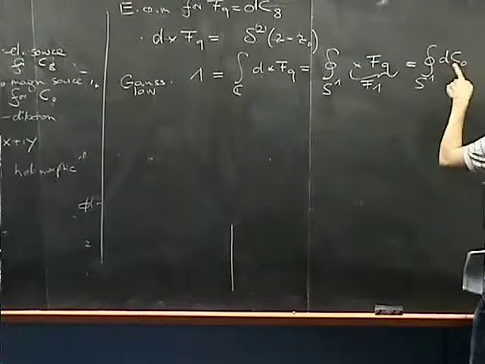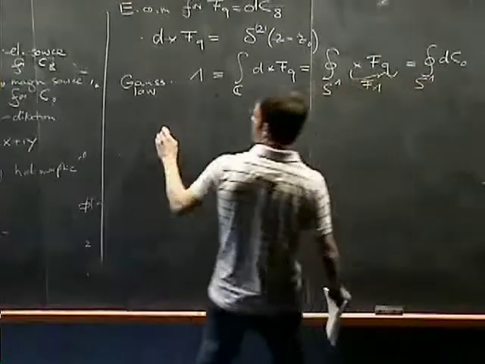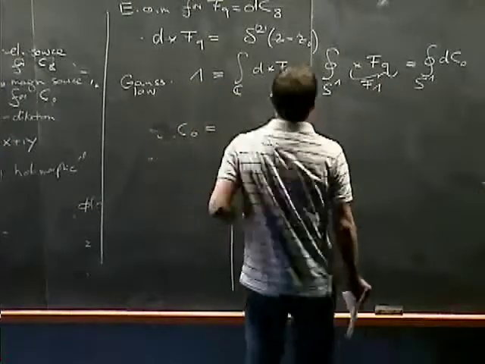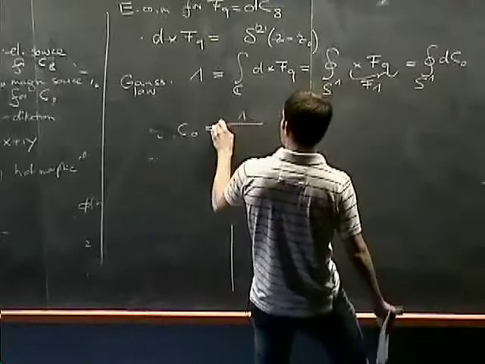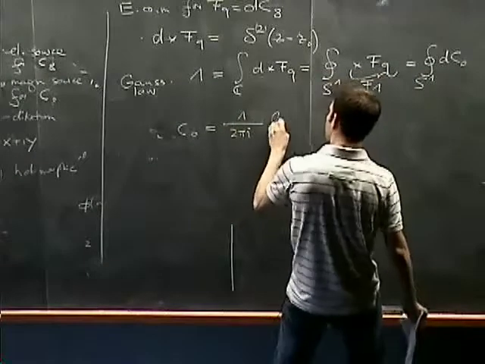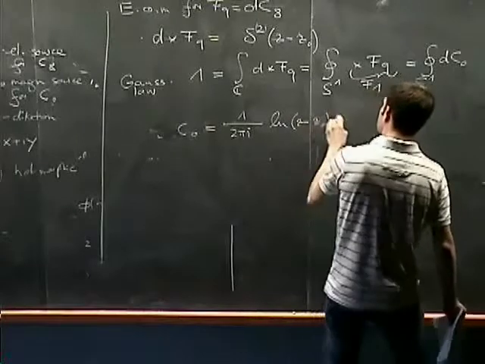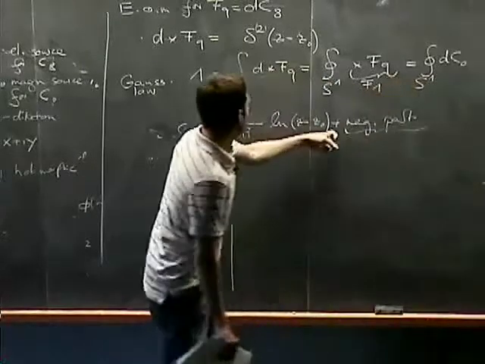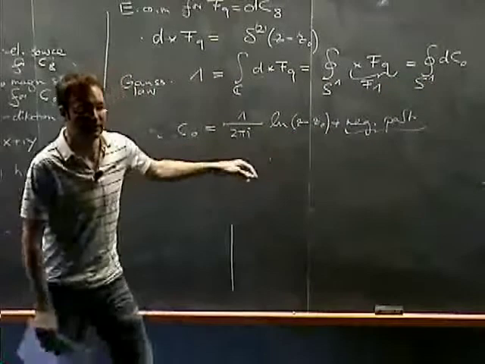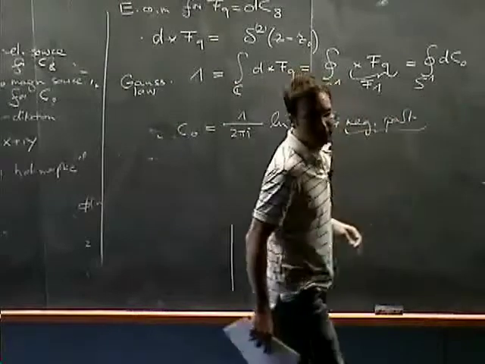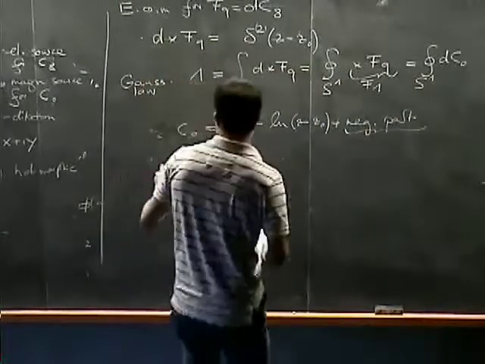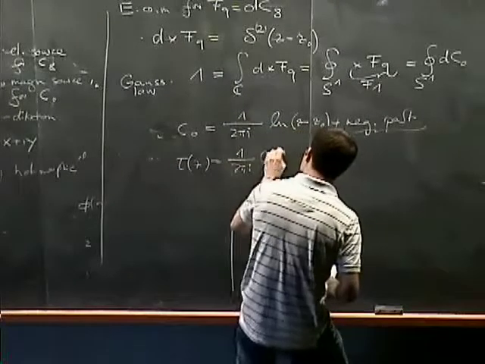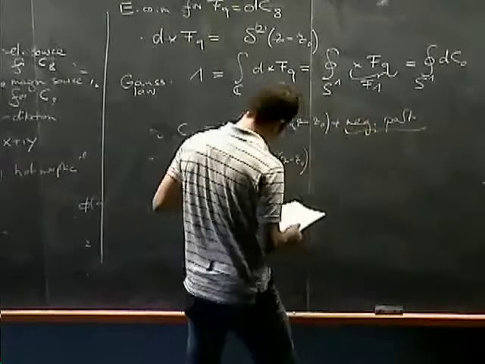So dC0 has to go like 1 over Z, and therefore, as Robert said, C0 itself has to exhibit the usual solution for a conical singularity, 1 over 2 pi i ln(Z minus Z0) plus a regular part. So this is the solution, so to speak, close to the brane. There can be regular pieces which don't appear in this integral. And therefore also tau of Z is 1 over 2 pi i ln(Z minus Z0). That's regular.